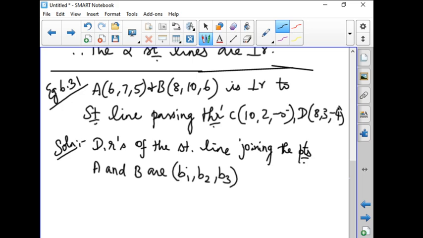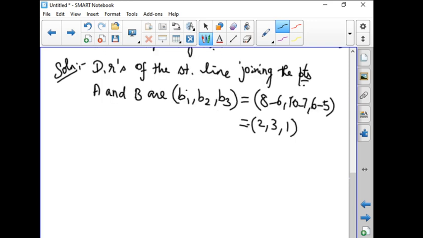How can you find this? Joining the 2 points A, B: 8 minus 6, 10 minus 7, 6 minus 5. So your answer is 2, 3, 1. So 2, 3, 1 are B1, B2, B3.